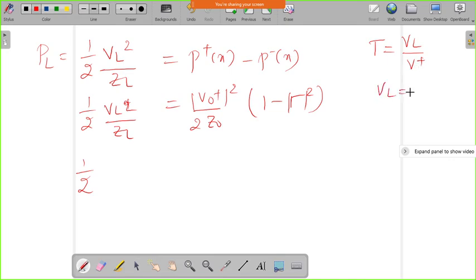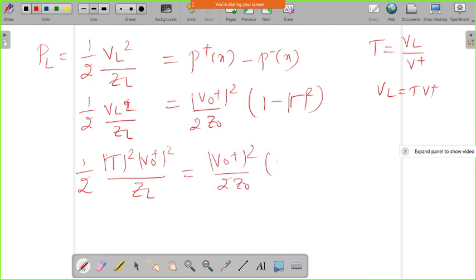So we can write half into T square into V naught plus square divided by ZL, which is equal to V naught plus square by 2 Z naught into 1 minus gamma square.